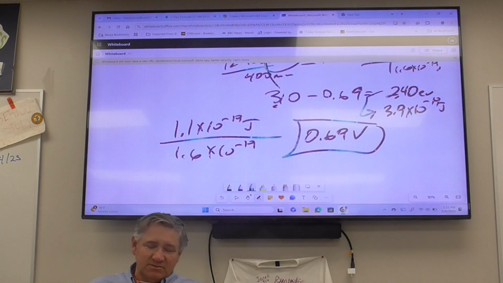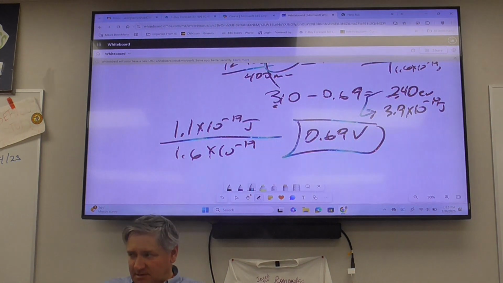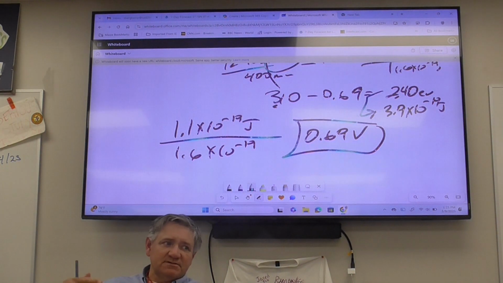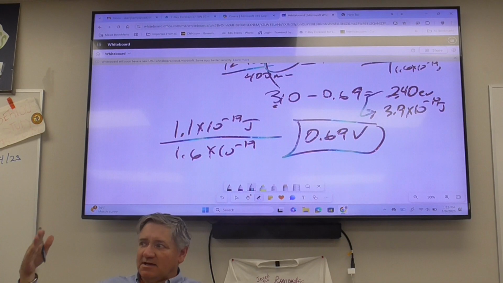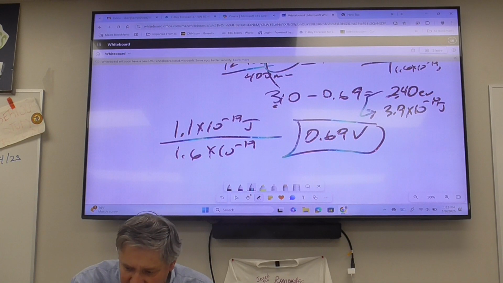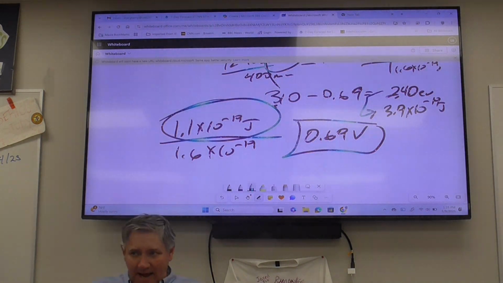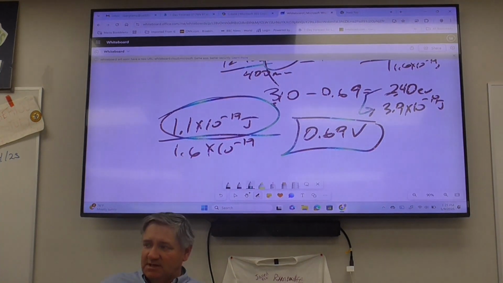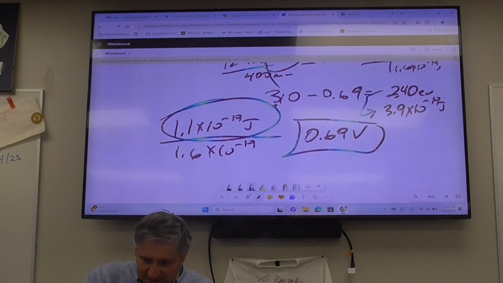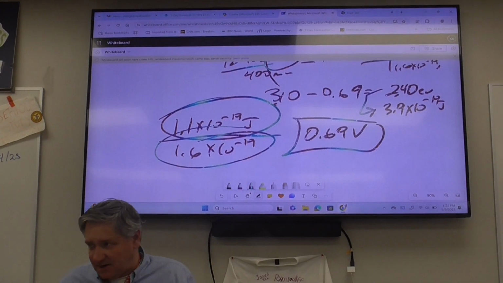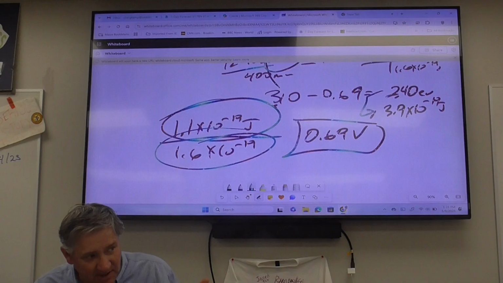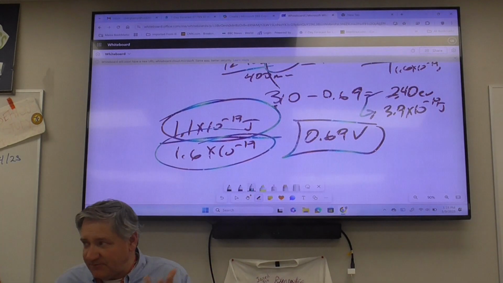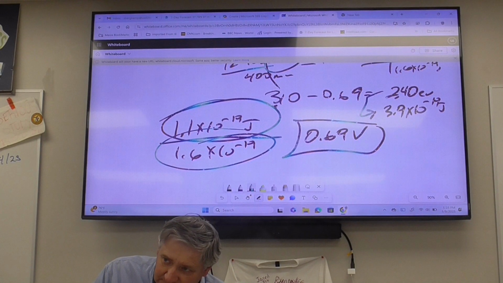It was weird how they graded this question, because it actually asks for stopping potential, so you need it in volts. But here's the deeper understanding: if this is how many joules of energy it takes coming out, that's also how many volts you need, but to get the volts, you divide by the charge on an electron. That's why it's called electron volts, because it's the volts you need to stop an electron, okay?